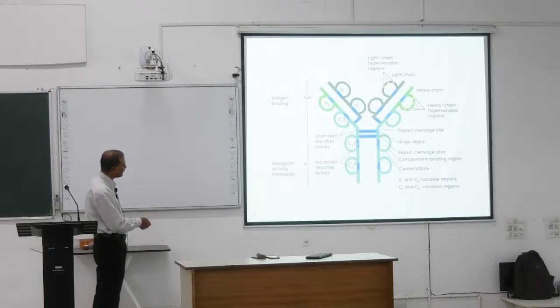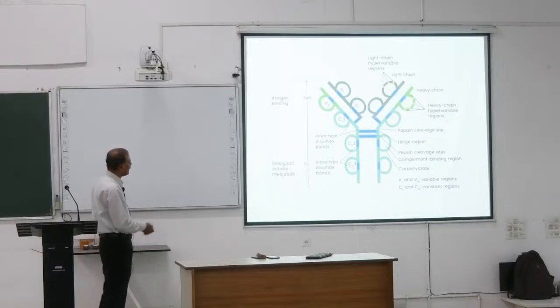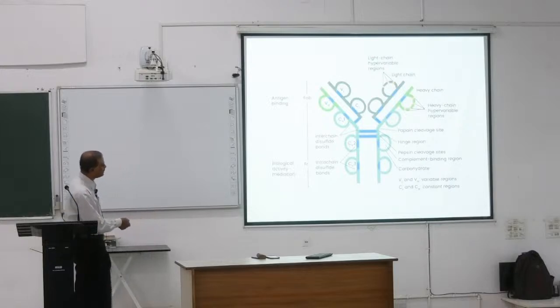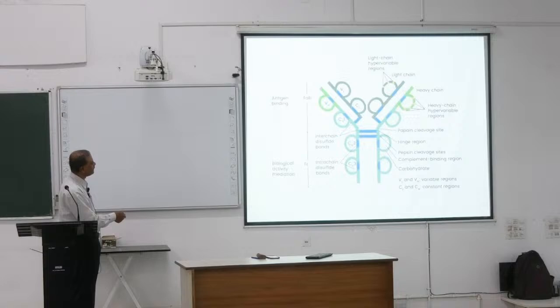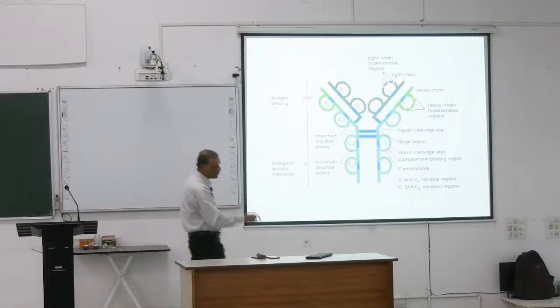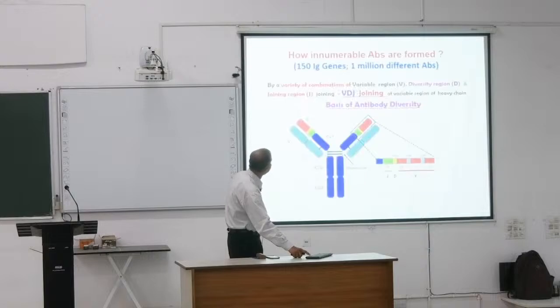The structure is Y-shaped, and there is a hinge region by which it can operate like this. And there are three domains with the heavy chain: C1, C2 and C3, and the variable domain is like this. So you must remember that the terminal part binds basically with the antigen.